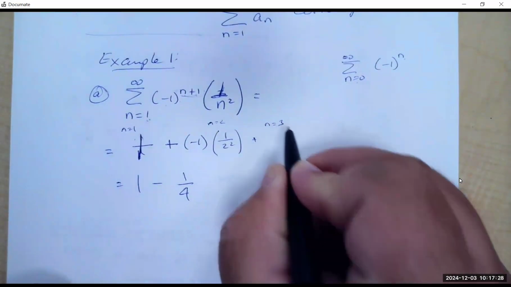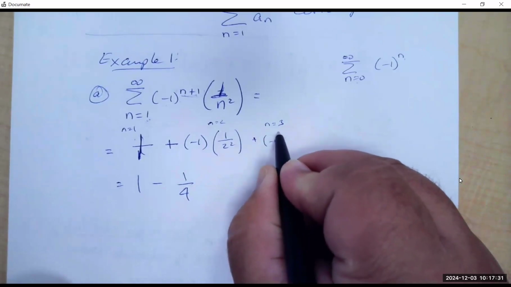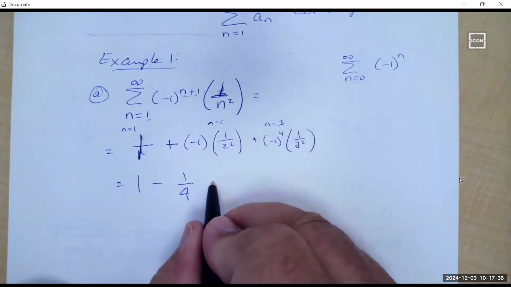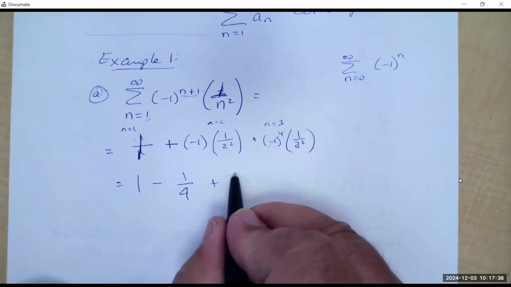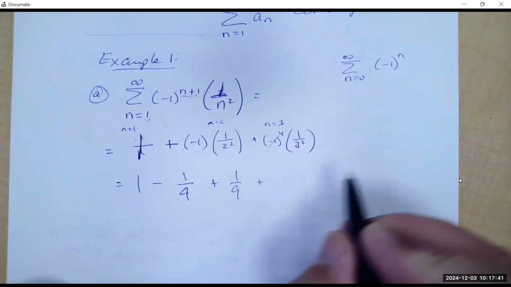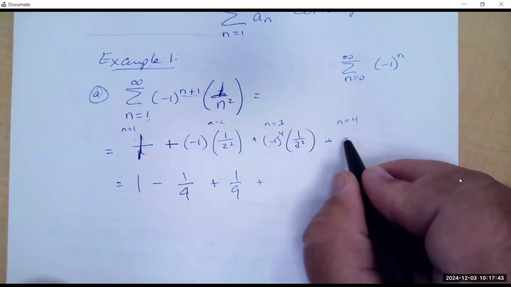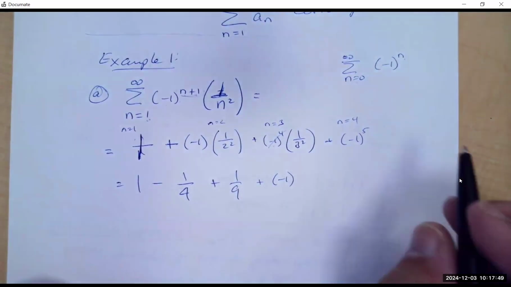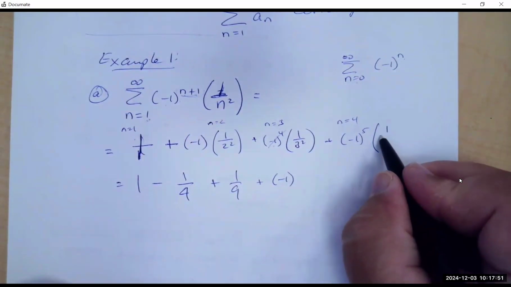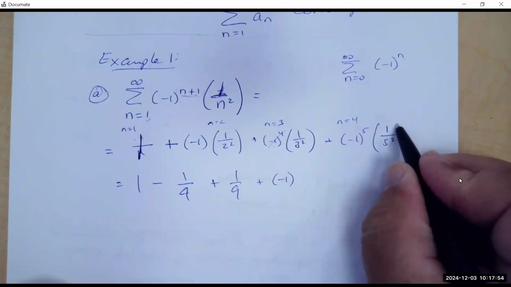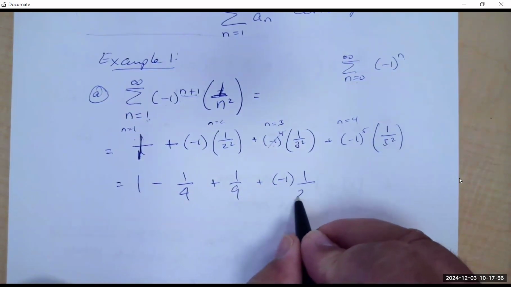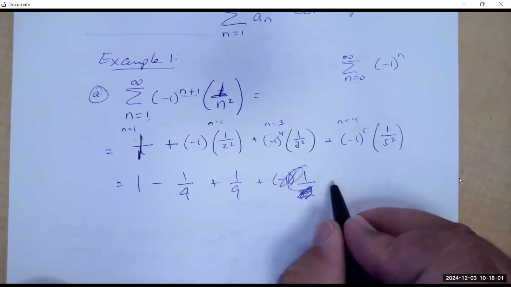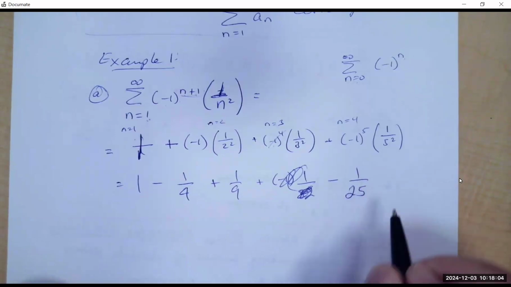N equals 3. 3 plus 1 is 4. 1 over 3 squared makes it a positive 1 over 9. So -1 to the 5th makes it -1. One over 5 squared, which is 1 over 25. So it's -1 over 25.